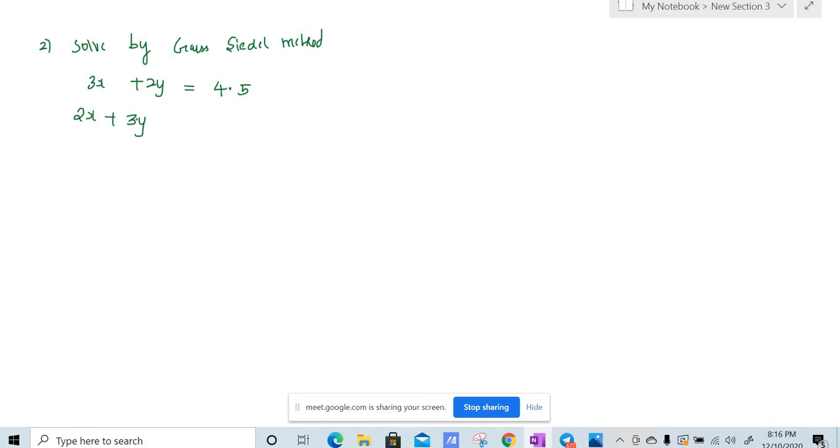So the question is: 3x plus 2y is equal to 4.5, 2x plus 3y minus z is equal to 5, and minus y plus 2z is equal to minus 0.5.